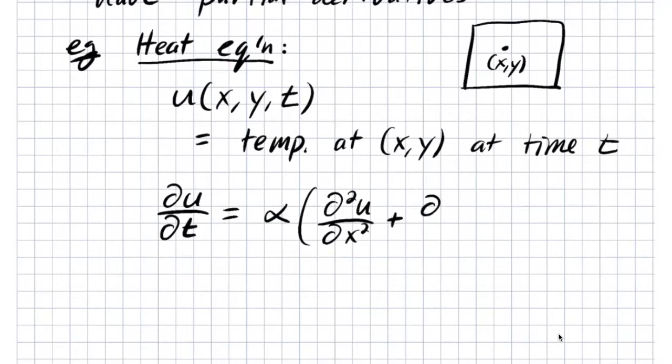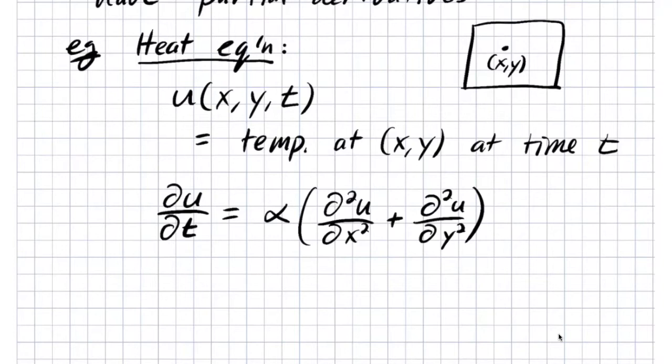So kind of like a concavity. You remember in calculus, we talk about concave up and concave down, and how concave a function is depends on its second derivative. So this sum of second partial derivatives is measuring how steeply this function is curved, or how concave it is. So if it's very concave down, then that means it's very hot at this point and cooler nearby.